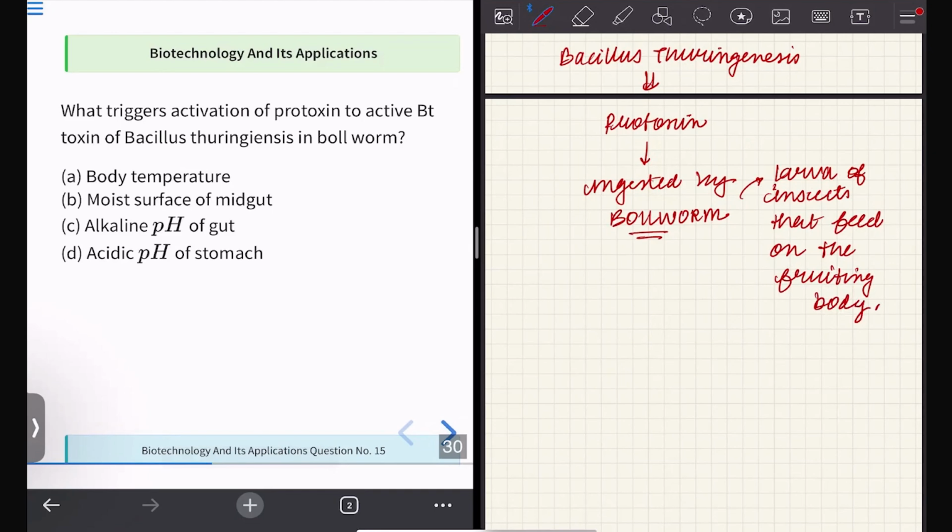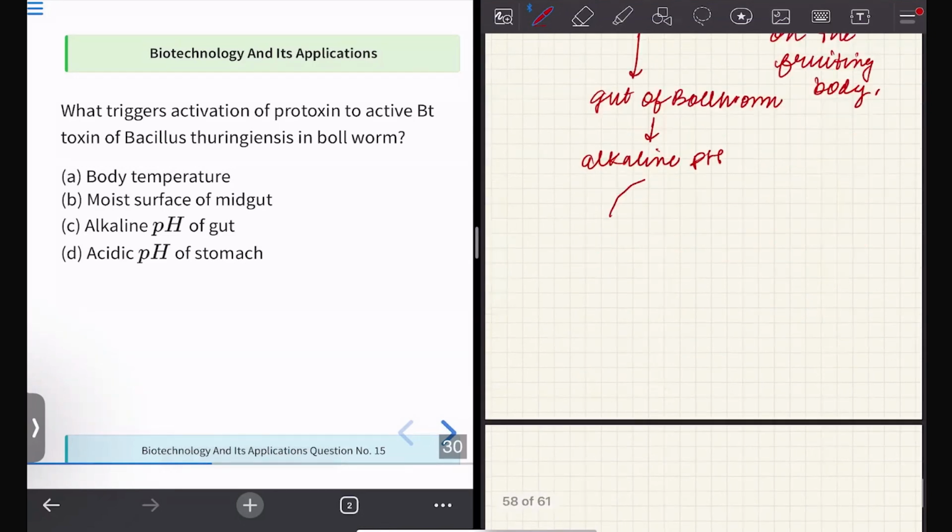So this protoxin is ingested by a bollworm, and the pH in the gut of the bollworm is alkaline. And this alkaline pH does what? It converts the protoxin into active BT toxin. So this BT here signifies Bacillus thuringiensis.